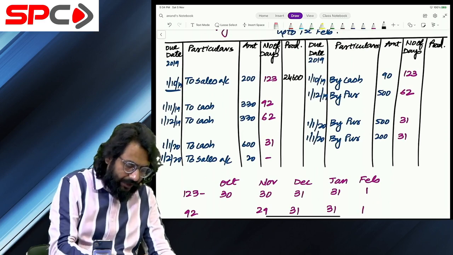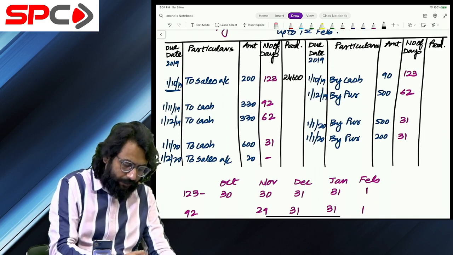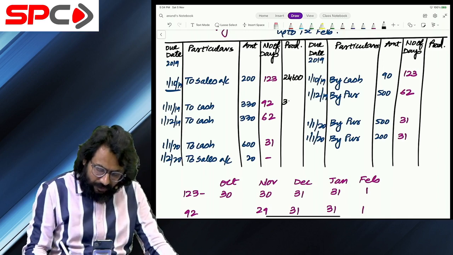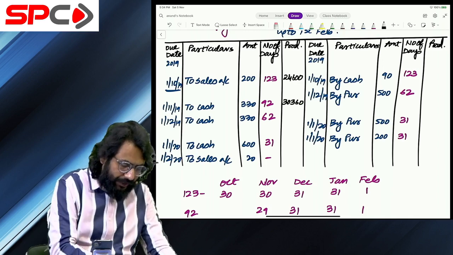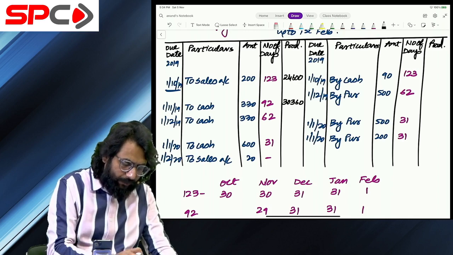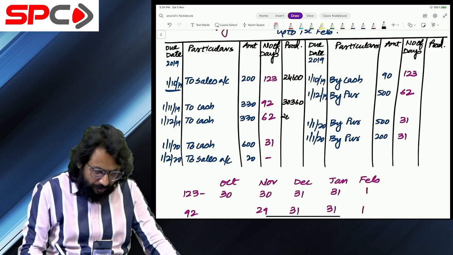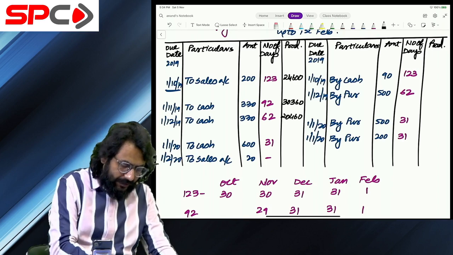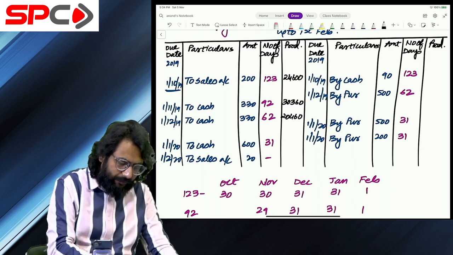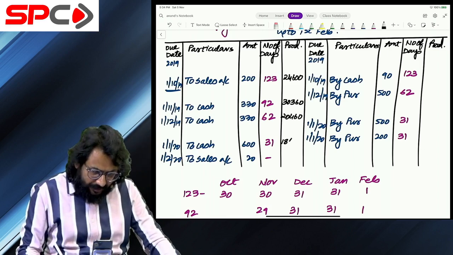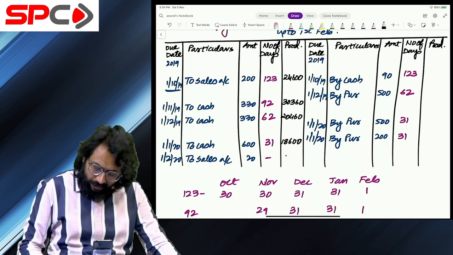Then 330 into 92. 30,360. Then 330 into 62. 20,460. Then 600 into 31. Then 20 into nil is nil.